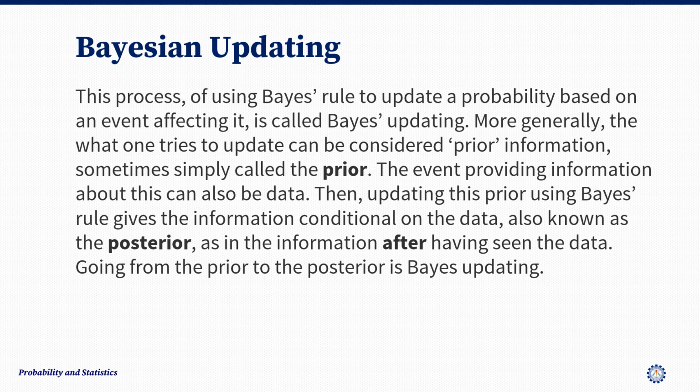Then updating this prior using Bayes rule gives the information conditional on the data, also known as the posterior, the information after having seen the data. Going from the prior to the posterior is Bayesian updating. The probability of HIV after one positive ELISA, which is 0.12, was the posterior in the previous slide, as it was an update of the overall prevalence of HIV.